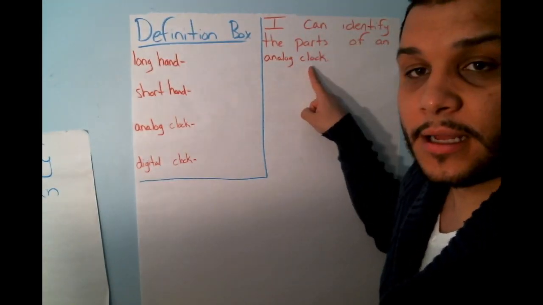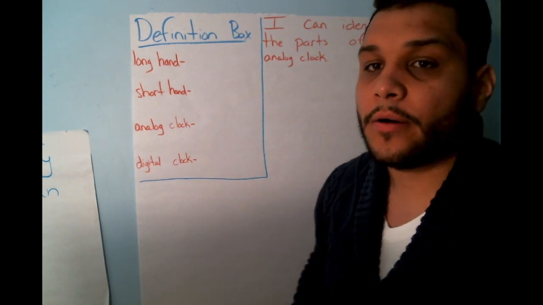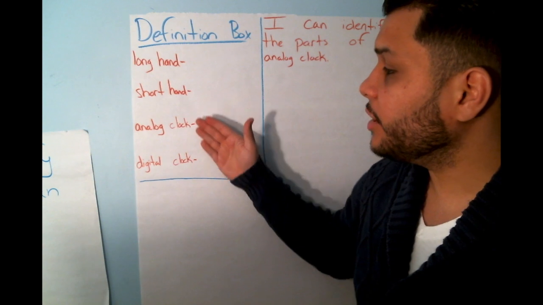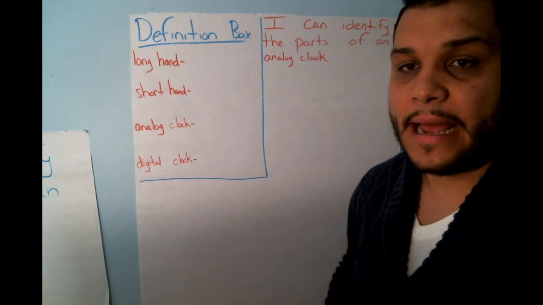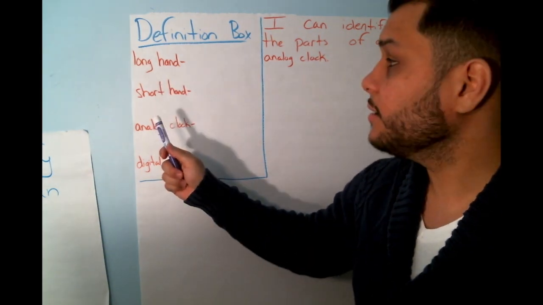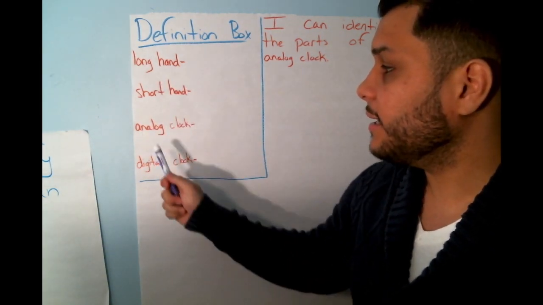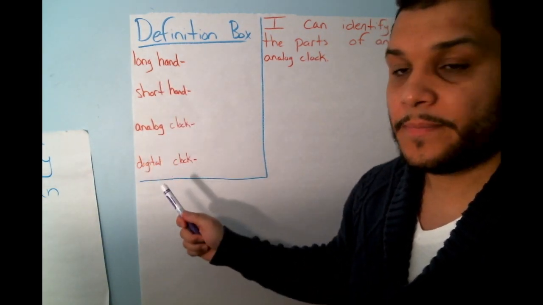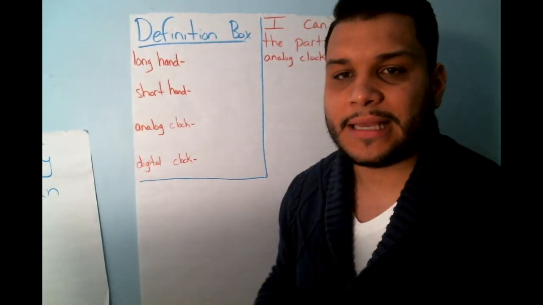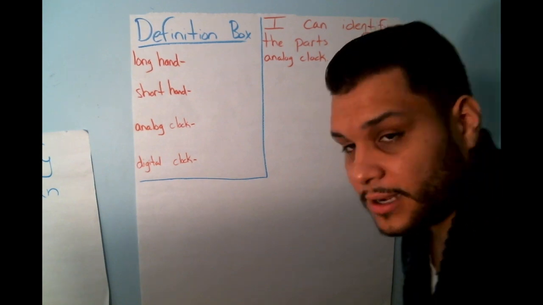Now, I want to come over to our definition box. We have some words that we're going to be learning today in our math lesson. We have the word long hand, short hand, analog clock, and digital clock. Now, I want you guys to think about what is an analog clock.